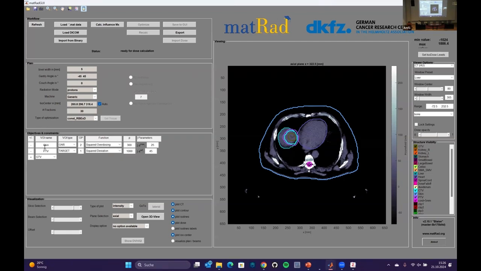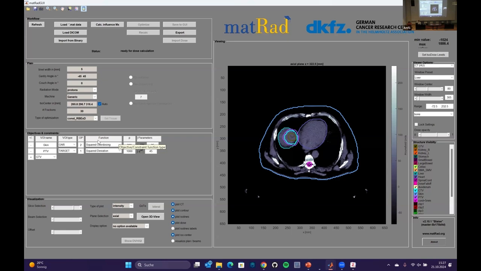I have to say that skin here is not only the skin, it's just the stupid naming of this data set. It basically, and you see this quite often, is just the whole patient contour. Skin should, in my opinion, actually mean just the skin layers, but for some reason, it's really the whole patient contour. So it has just these 2 objectives: reach a dose in the target and spare the skin. And I would say we start with that.